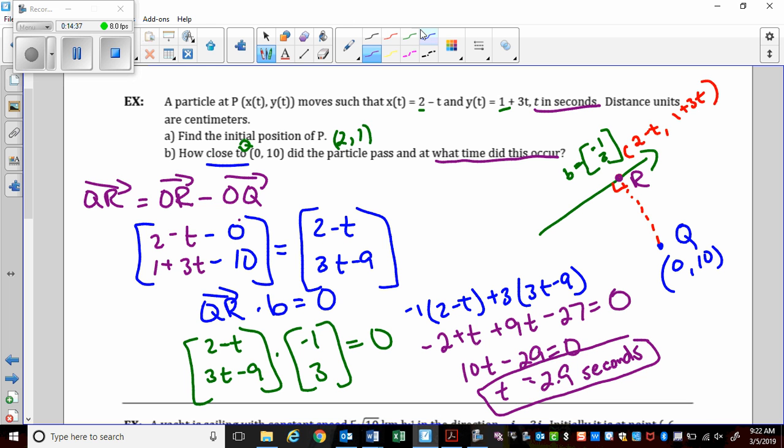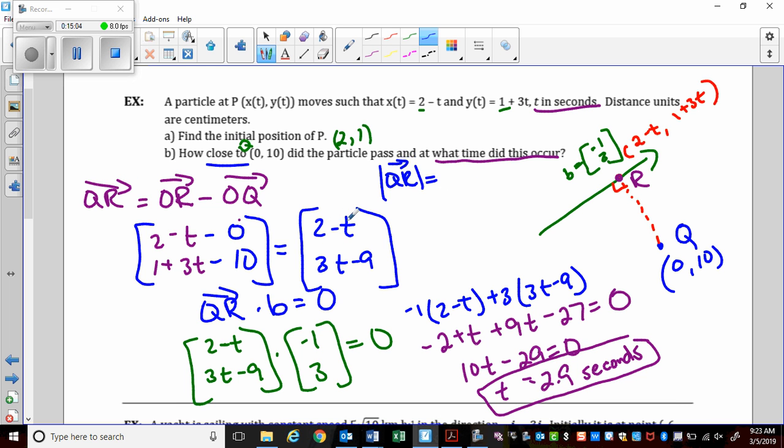Well, we've got to plug it in and find out the magnitude of QR. Find out how close this vector is. All right, so we want to know the magnitude of QR at 2.9 seconds. I'll try to do it over here. So the magnitude of QR at 2.9 seconds.